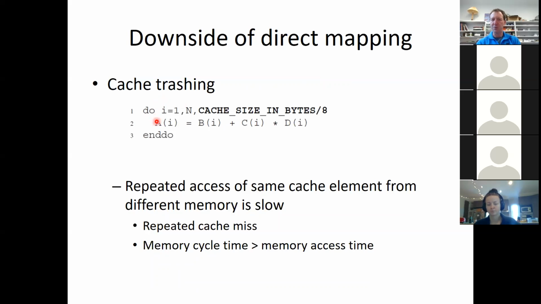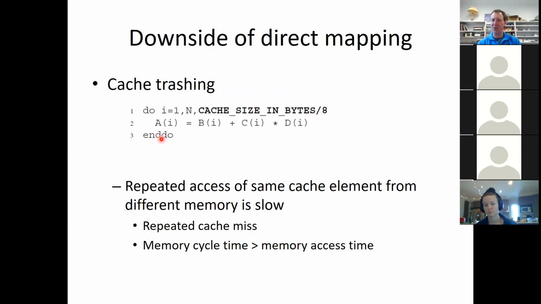If you have a loop which goes in strides of the cache size in bytes divided by 8, and we do a double precision floating point operation here, so here's an addition and multiplication, and we sum this into the vector A. But we could do this in strides of whatever the cache size in bytes divided by 8 is.